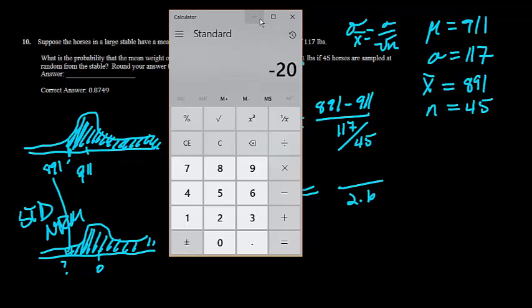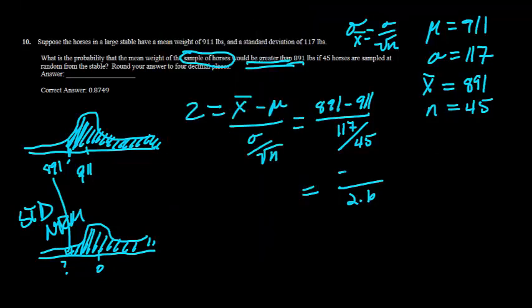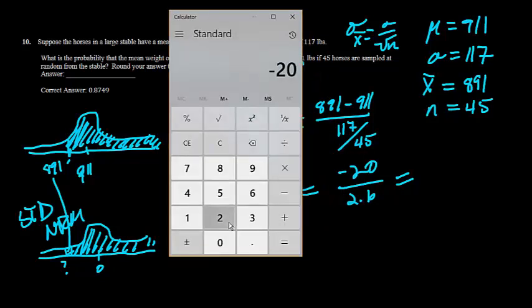Well, that should have been easy. Negative 20 divided by 2.6 is equal to negative 7.69. It's going to be a huge Z.